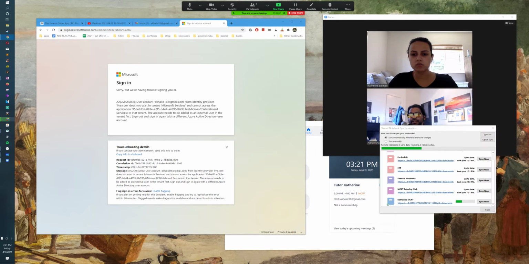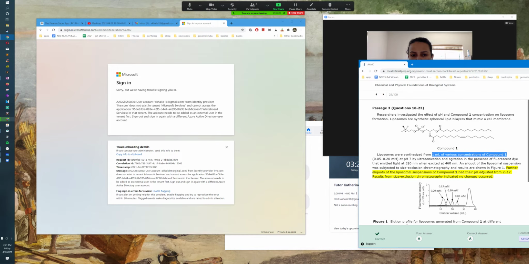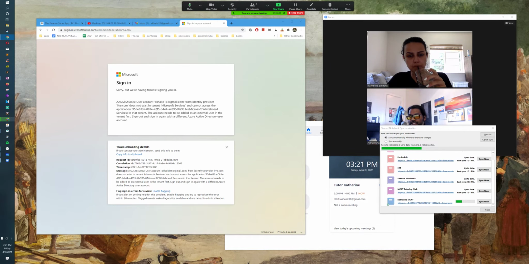So how are you getting 20 mLs eluted? The elution volume is just this thing over here. So for the purposes of this question, eluting at 20 ml is just to show us what concentration to use.